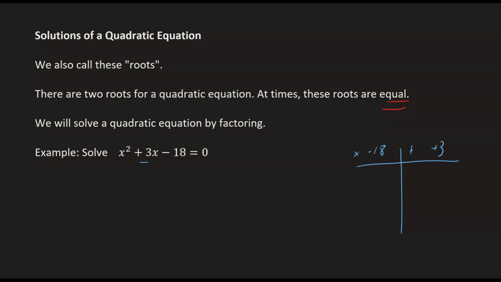And then thinking about what the sum has to be, I'm stopping at 6 and negative 3, because if I add these two, 6x plus negative 3x, I will get positive 3. So this is my pairing.